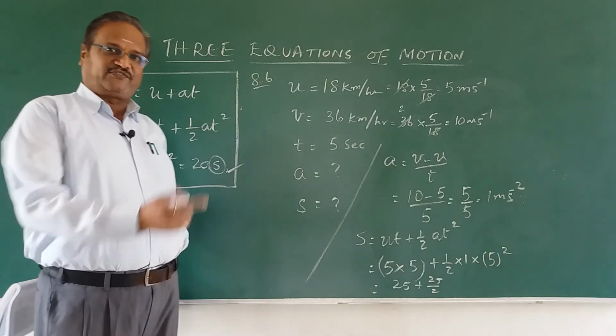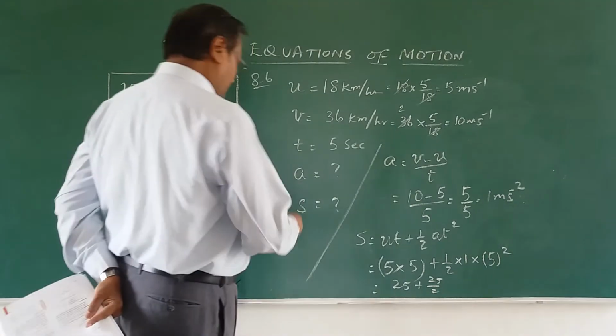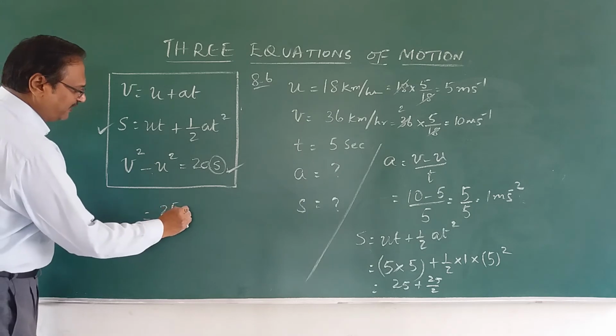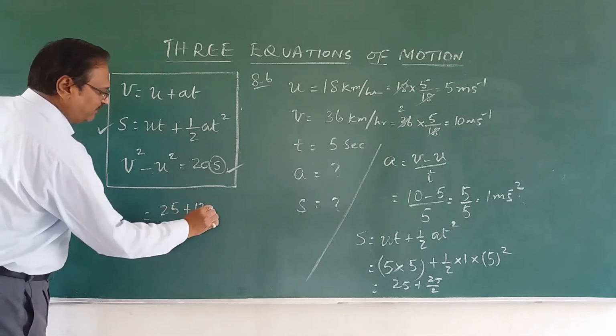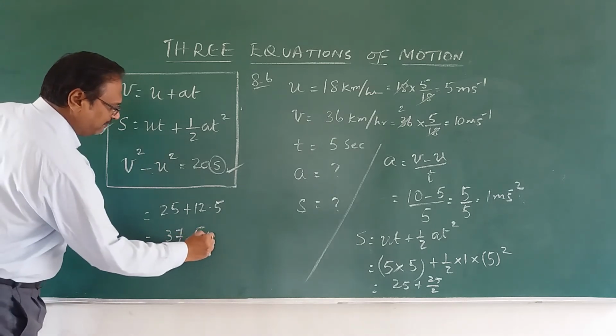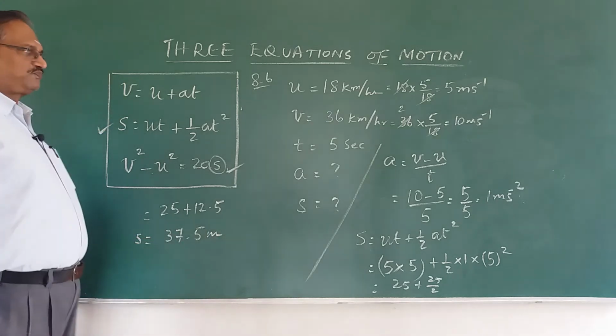Simplifying, I will write 25 plus 12.5, that is equal to 37.5 meter. This is the displacement.